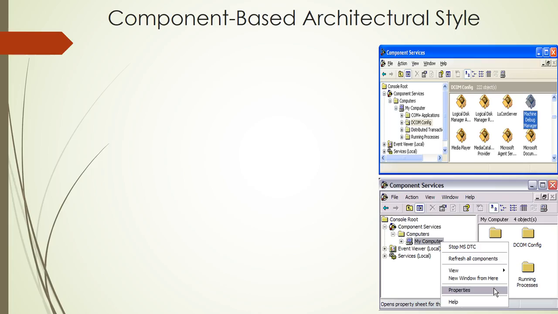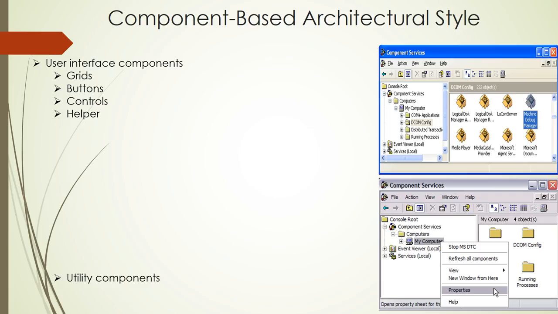Common types of components used in applications include user interface components such as grids and buttons, often referred to as controls, and helper and utility components that expose a specific subset of functions used in other components.